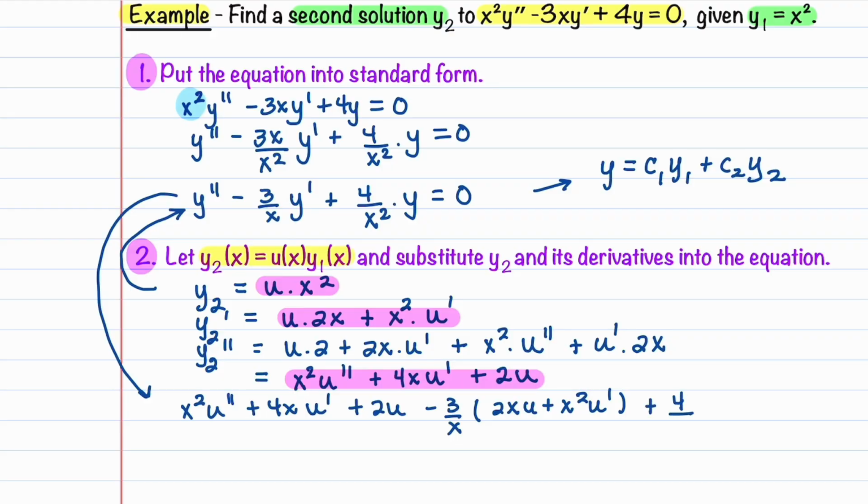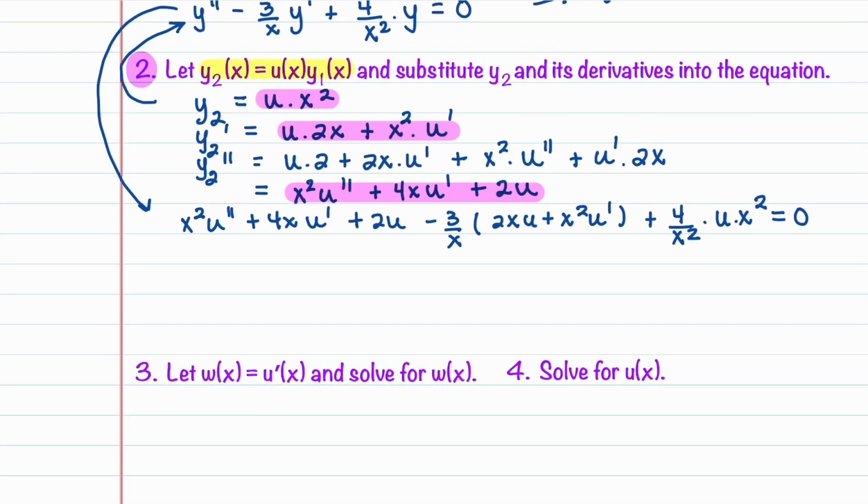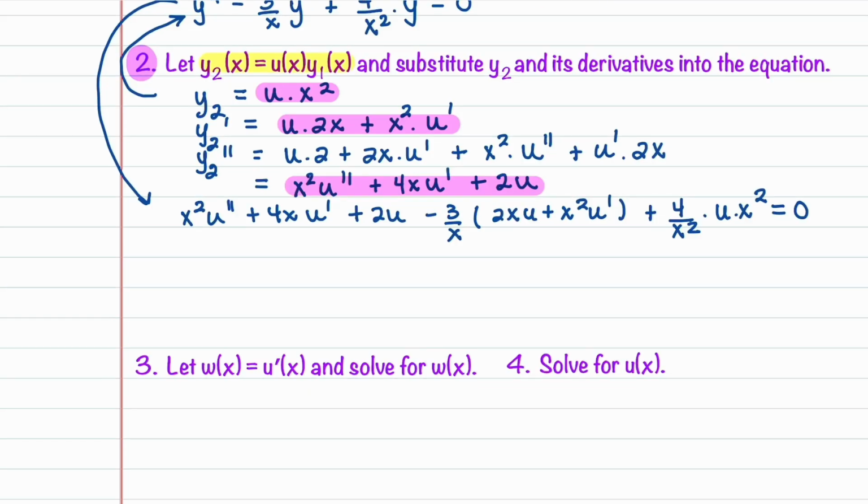Plus 4 over x squared times y, which is u times x squared, and all of this is equal to 0. Now let's simplify. This gives us x squared u double prime plus 4x u prime plus 2u minus 6u, the x's cancel out, minus 3x u prime plus 4u is equal to 0.